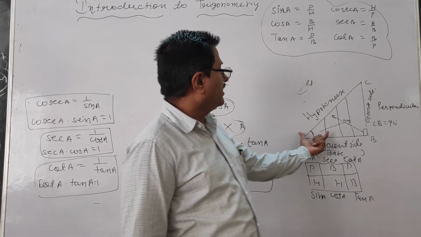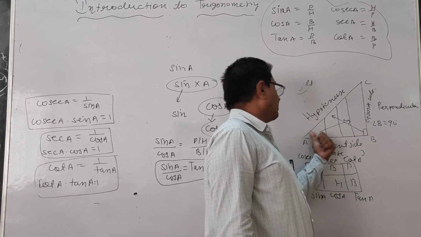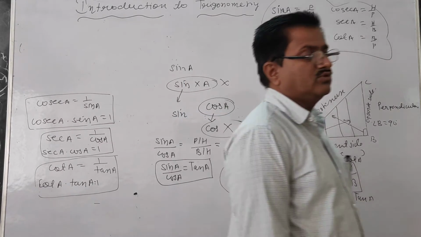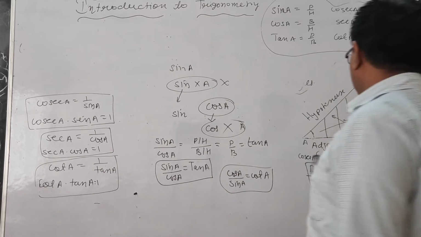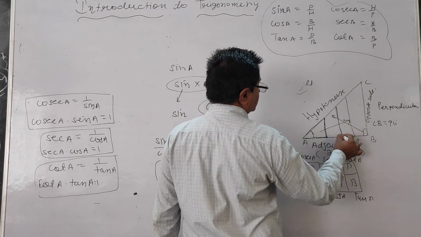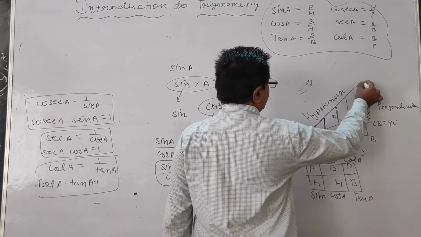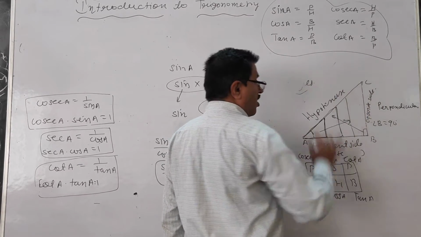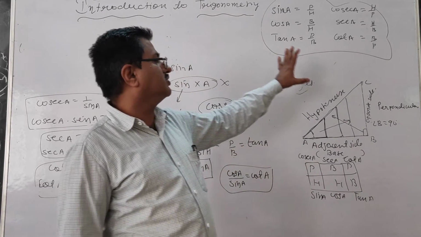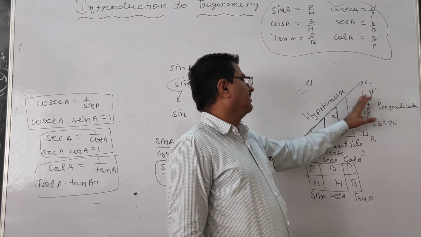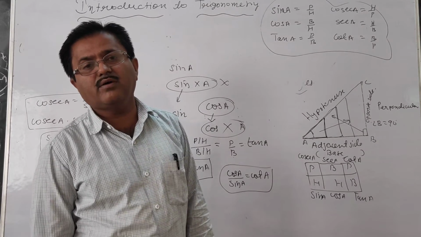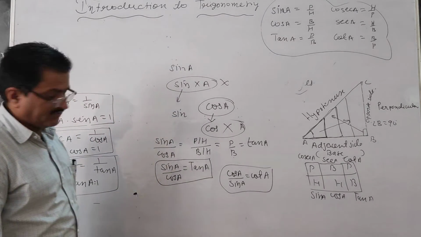So whatever the triangle may be, if theta or angle A is the same, then the value of the trigonometric ratio is also the same. If we take sine A for the small triangle, or for this triangle, or for this triangle, all have equal value. So the values of the trigonometric ratios do not depend on the sides. If the angle is equal, the value is equal; if the angle changes, the value also changes.